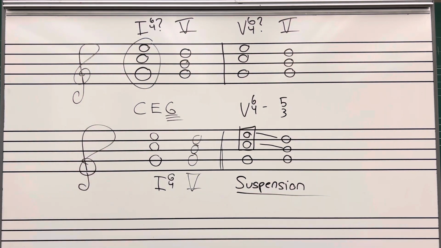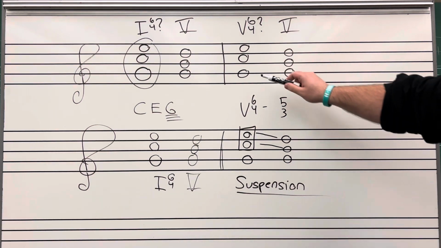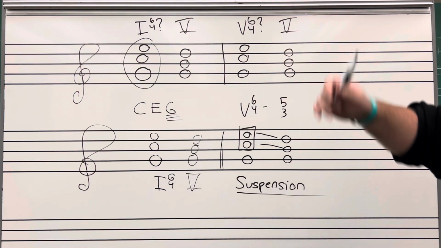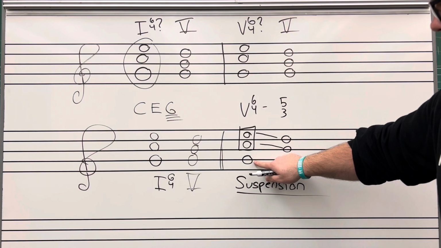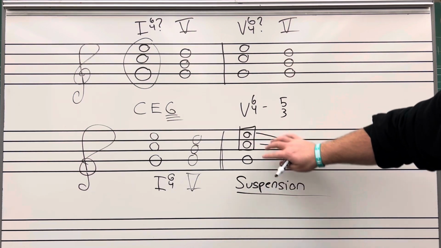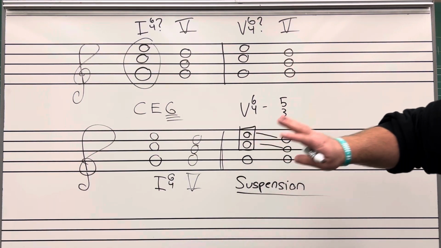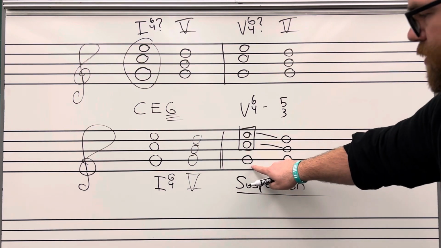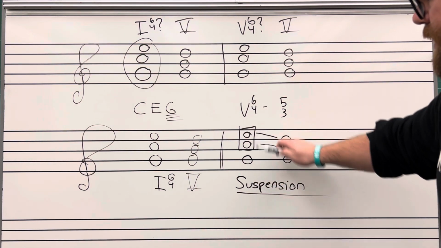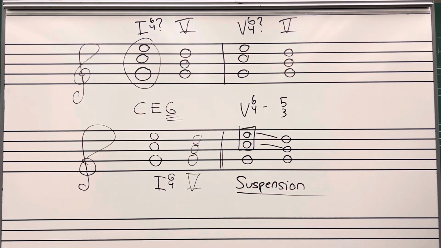On the other hand, if you're going to call this a 5/64, you're thinking about this chord in two different components. One, you have your bass note, which is G. Now, the third and the fifth, or the two notes above, you're not thinking of as a part of this chord. You're viewing these as a suspension.